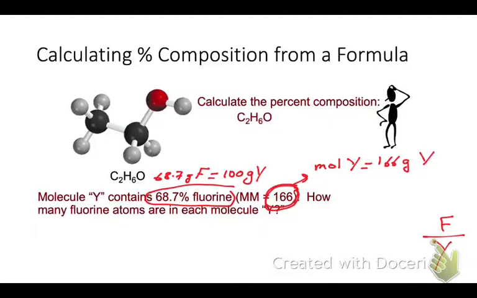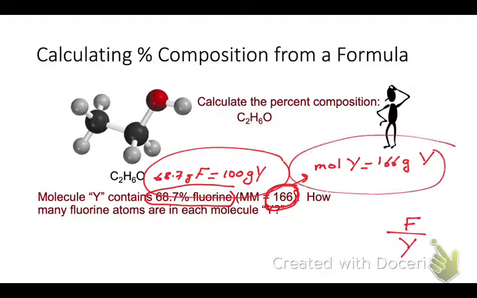Now I go back, I'm going to actually move the location of this one here so it's clearer to you. Again, I want F over Y. How can I get F over Y from these two facts here? Well, the only one that has fluorine is the percent composition. So I'm going to start by putting that up here.